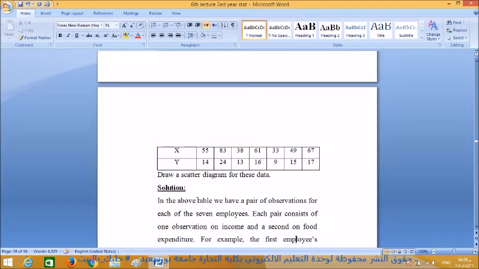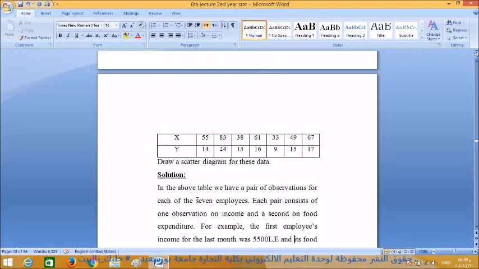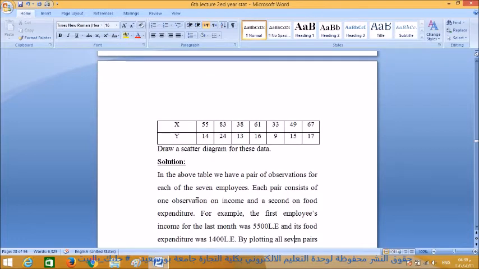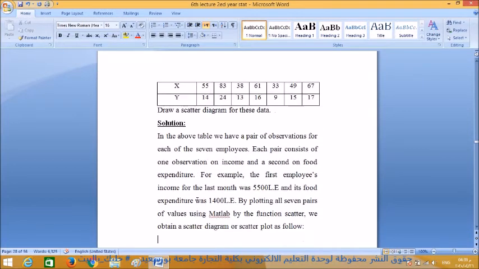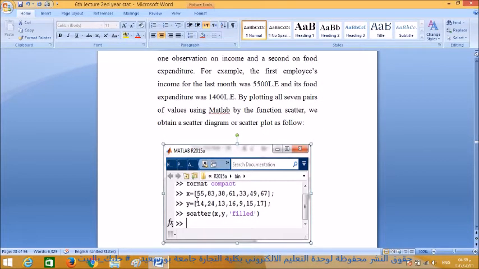Using MATLAB, put x and put y, then use the function scatter with x and y and filled to fill all the points, like this.